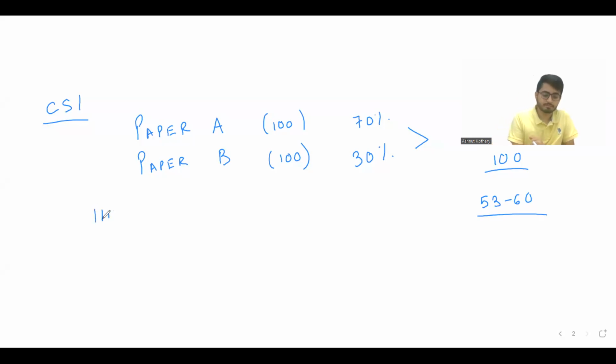For IAI, again, there's paper A and paper B, both of 100 marks. Now, they haven't been very clear with respect to whether there's a 70% or 30% weightage or not. Why?